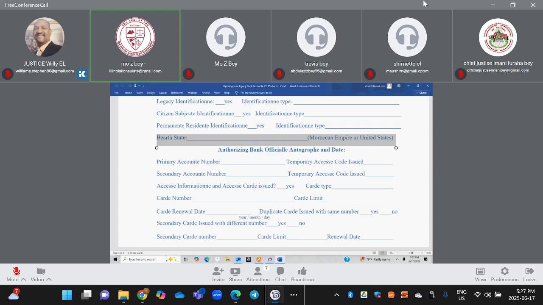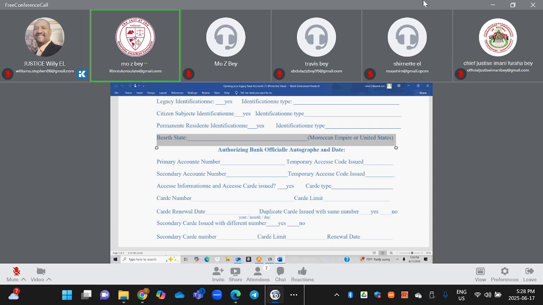So now that I'm doing this with the legacy account, when I fill this application out, where it says card type, because I'm looking to obtain a merchant card, I put merchant card right there. So my question was if I should leave the merchant card in that space, or should I change it and put it back to the original debit card they issued.